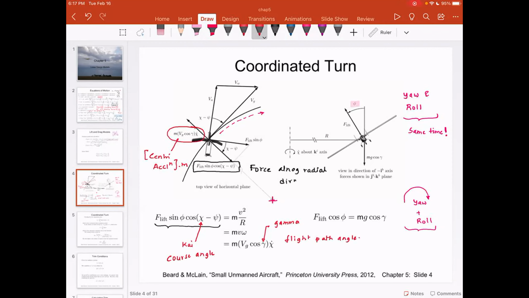So the course angle is nothing but, if you were to draw the Vg, which is the ground velocity, and then look at the angle made by the aircraft with respect to the airspeed or the forward speed of the aircraft, it is the difference. This angle is the course angle minus yaw.